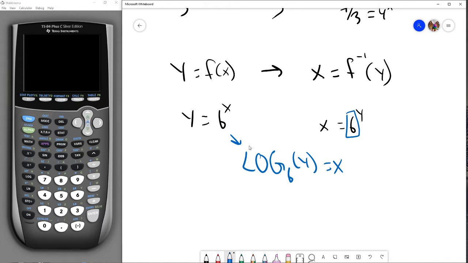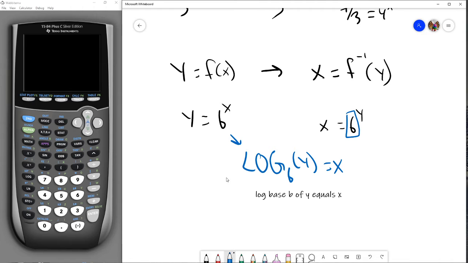So this function here in blue, you want to think of it as log base b of y equals x. That's how you want to say it. Okay, we want to make sure we have clear mathematical language.